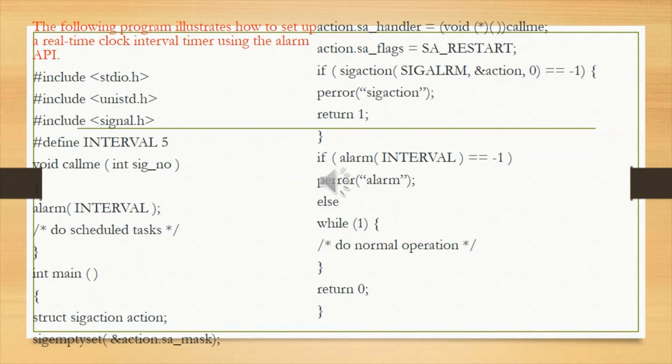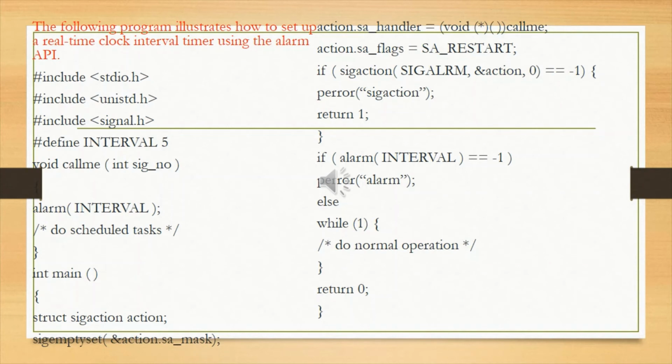until another timer expiration. BSD Unix invented the specific setitimer API, which provides capabilities additional to those of the alarm API.